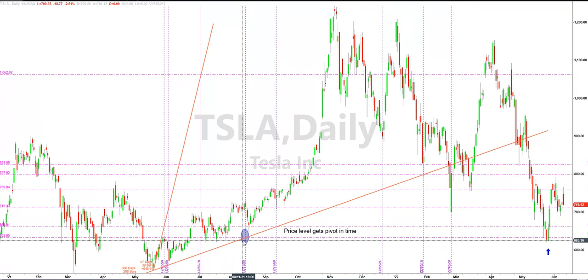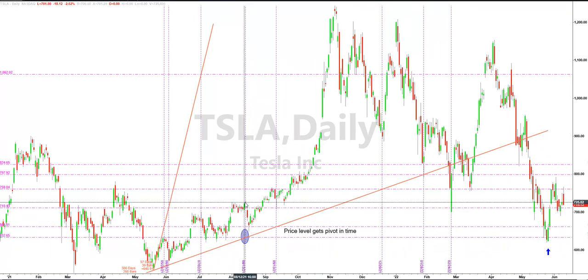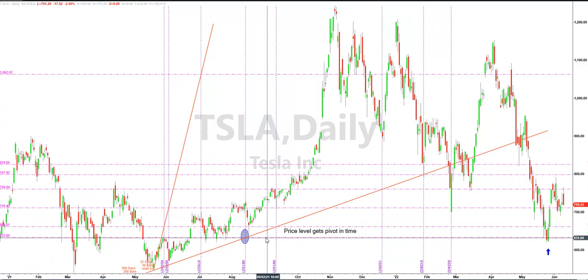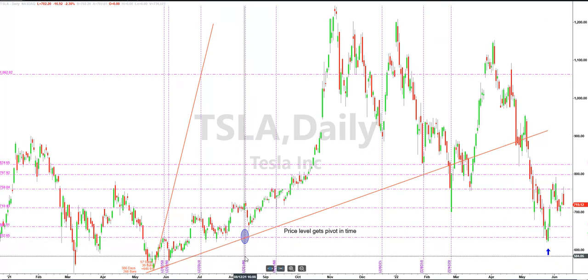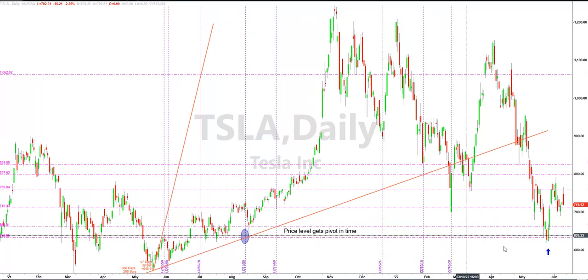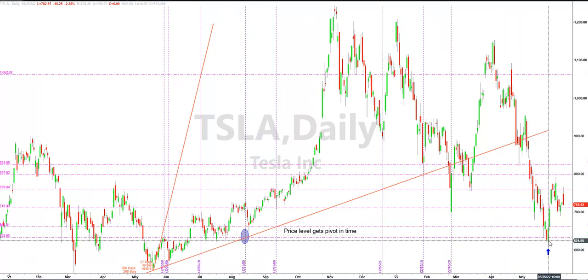The first point right here that's actively involved in the price is at this pivot here, and where this pivot vertical line crosses our angle creates this price level right here, which gives me the point of the most recent low in Tesla, 525. So that was triggered back in August of last year, and that gave us a future price level to watch, which ended up being this low point right here.